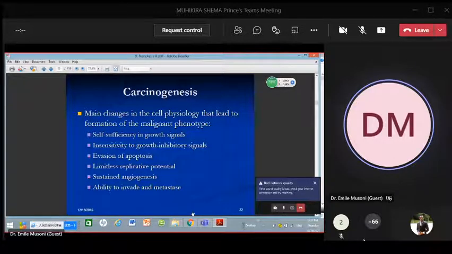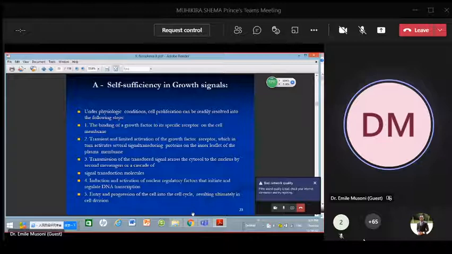So there is self-sufficiency in growth signals, insensitivity to growth inhibitory signals, evasion of apoptosis, limitless replicative potential, sustained angiogenesis, and the ability to invade and metastasize. So now let us see one by one.